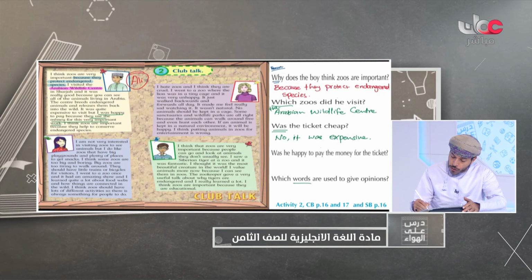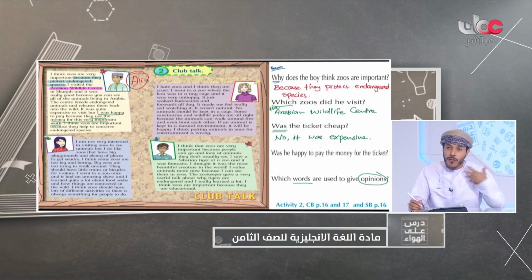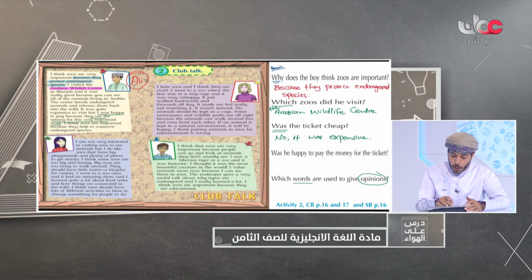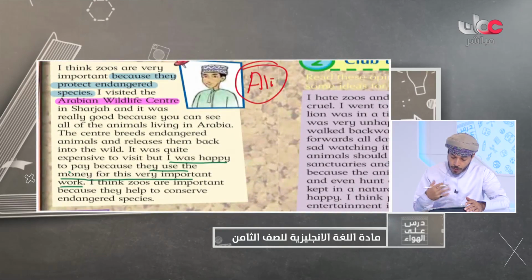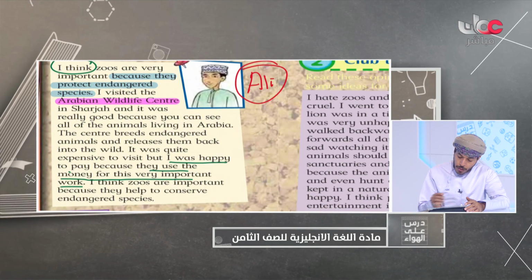And which words are used to give opinions? Good, and we have talked about this already. To give an opinion, to express your opinion. What did this boy use in order to express his own opinion? I think. This one, I think, is used again at the end of the paragraph.